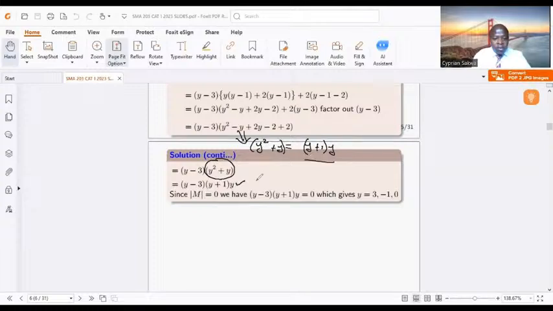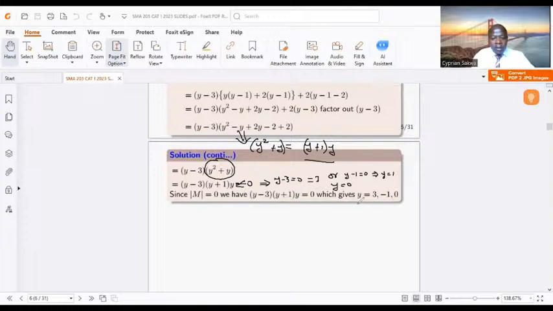So when you equate this to 0, either the first part is 0, which will mean that y is 3, or the second part, y minus 1, is also 0, which will mean that y is 1, or the last part, y, is also equal to 0.